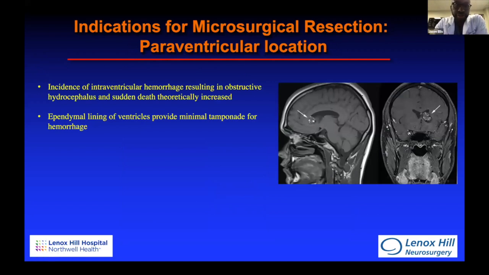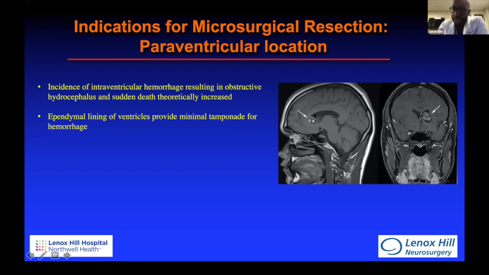Other indications for resection of cavernomas include location, where it has a higher propensity to bleed. This cavernoma here, you can see by the arrow, is really located in the subependymal region of the brain.